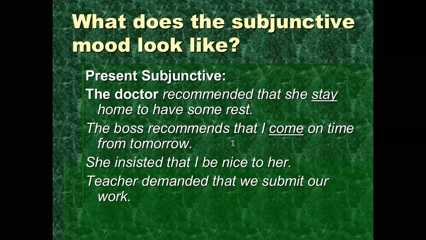If I change this verb into past, let's suppose if I write over here, the boss recommended, this would mean that this action happened in the past. But I would not change the verb in the dependent clause. In other words, the verb come would remain in the same form. It would not become came.